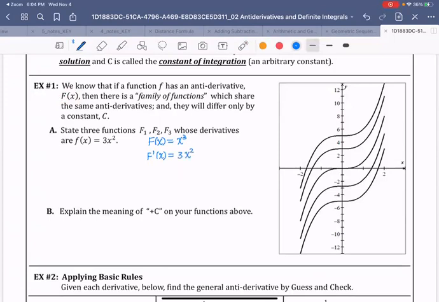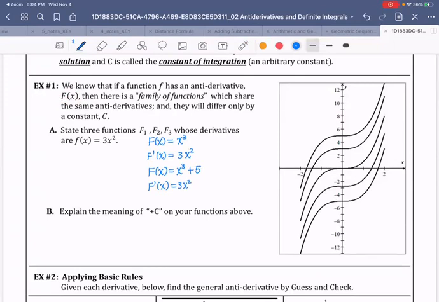And what will happen if Fx equals x cubed plus 5? The derivative of the power part is 3x squared, and for the constant part, it's always 0.